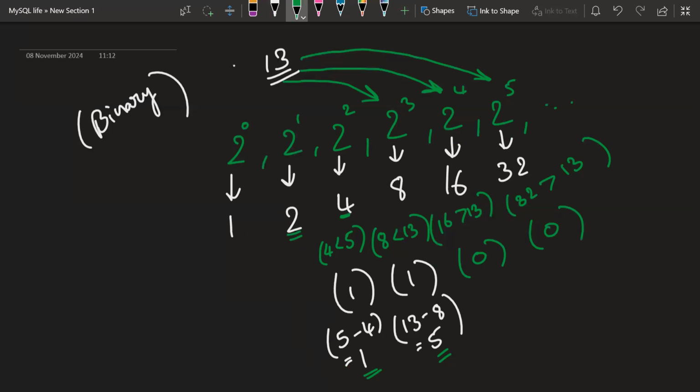So we compare this 1 with 2. Is 2 greater than 1? Of course, 2 is greater than 1. So this number 2 is not actually fitting in 1. So I would place it as 0.